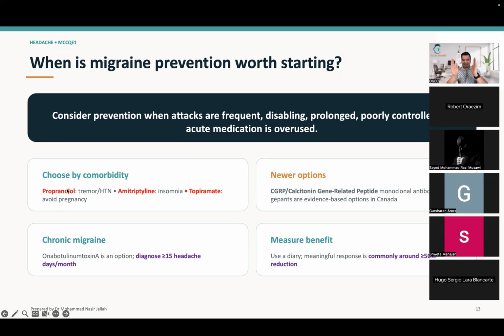The patient has migraine, which is very frequent, disabling, prolonged, more than 72 hours, and it is poorly controlled. I give him propranolol. So do I have to give it to everyone? No. If my patient on top of these conditions has tremor and hypertension, this could be the best choice.